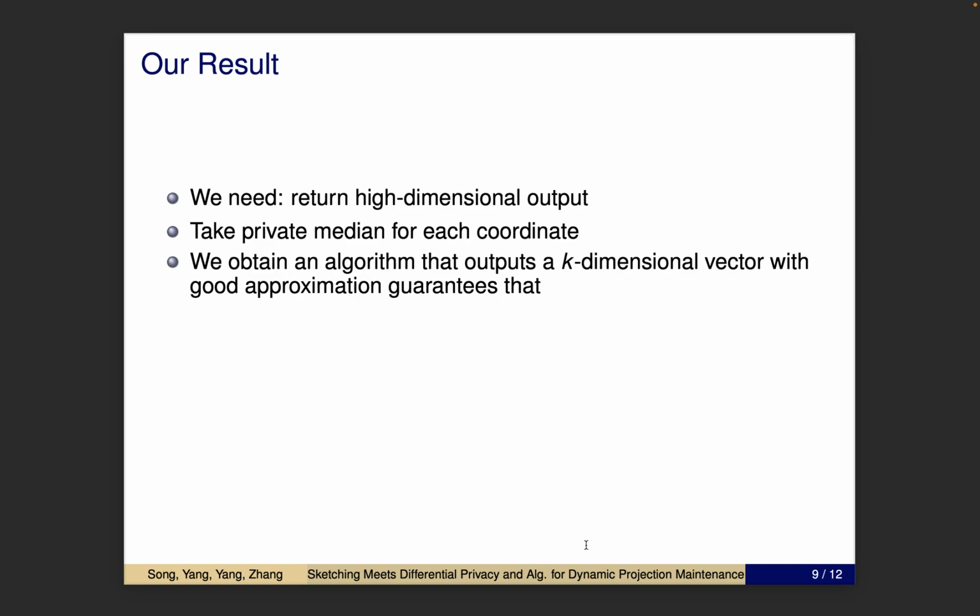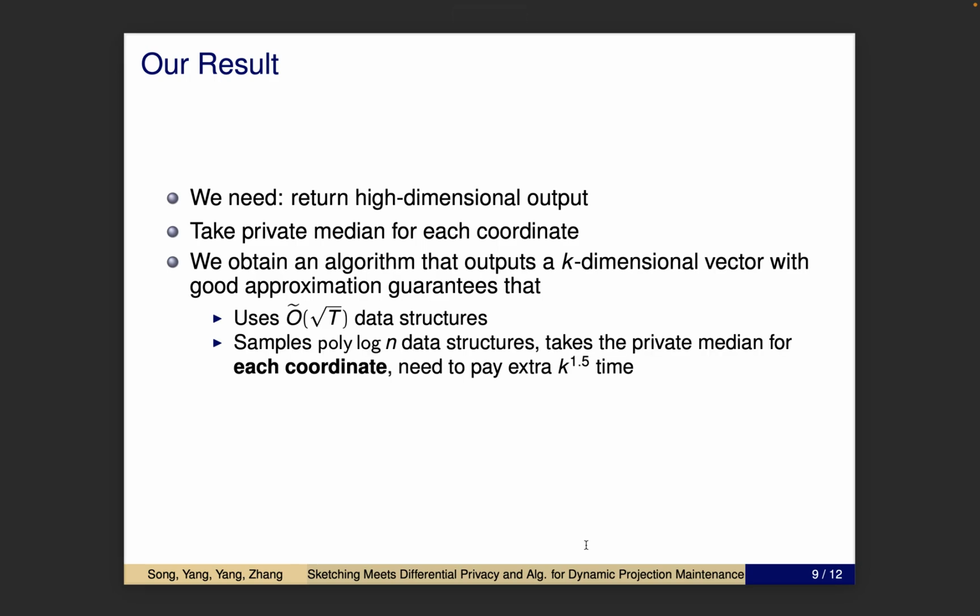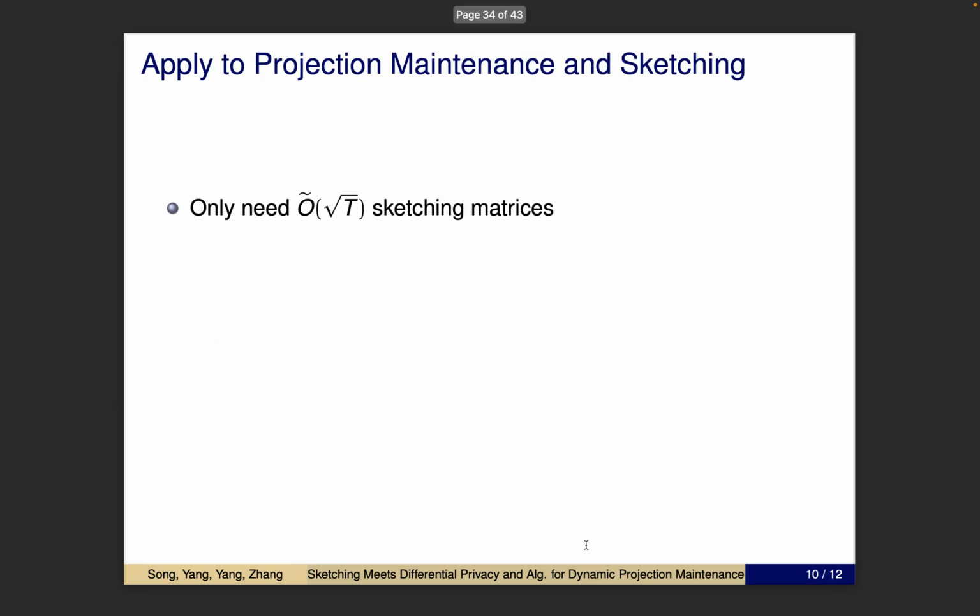This gives us an algorithm that outputs a k-dimensional vector with good approximation guarantee, such that it uses square root t of the data structures. During the query phase, we sample polylog n data structures and take the private median for each coordinate of these vectors. This incurs an extra k to the 1.5 runtime. And during the update, similar to the one-dimensional case, we update all the data structures.